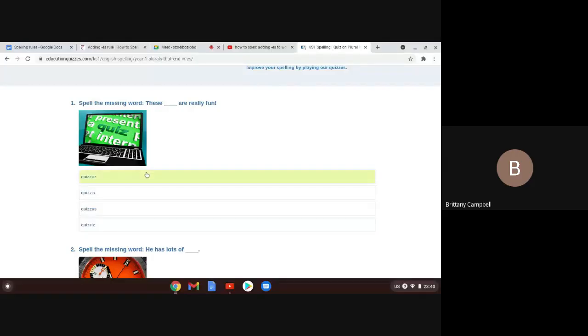So I'm going to share my screen with you once more. Let me share my screen with you. All right. So here goes. Spell the missing word. Look at the spelling here and choose your correct answer. So I'm giving you about 5 minutes to wrap this up.